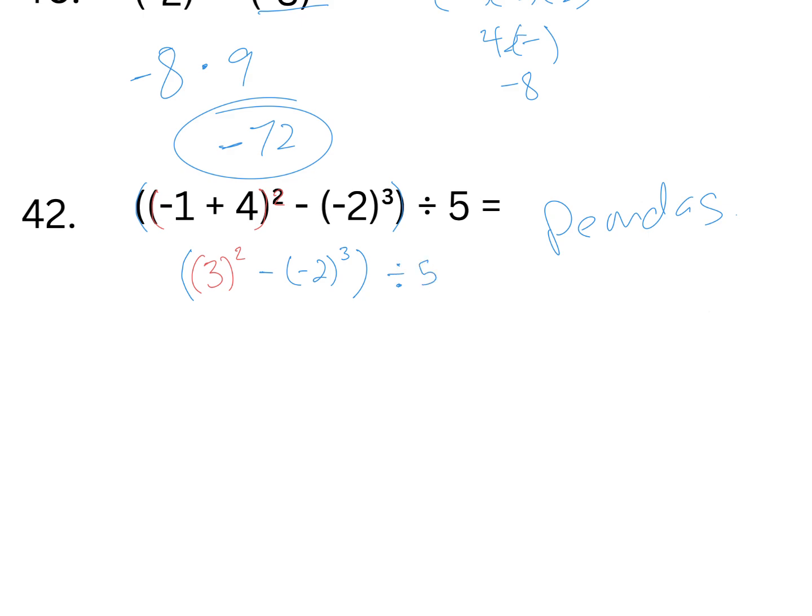Okay, now inside the parentheses. So we're still in the parentheses. There are exponents. So we have 3 squared is 9 minus. This minus just drops down because we are now dealing with -2 cubed. -2 cubed is -8.